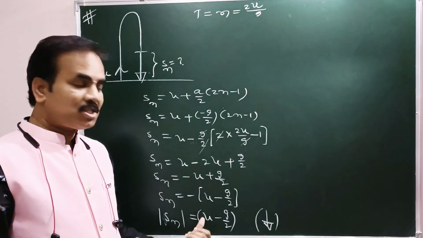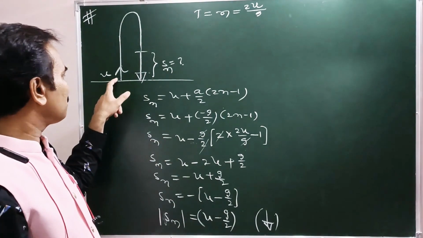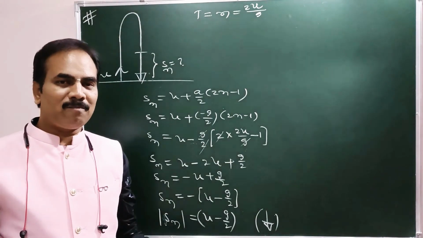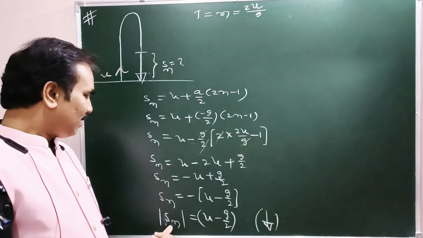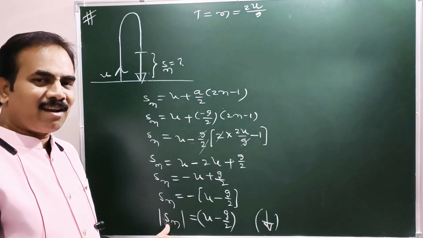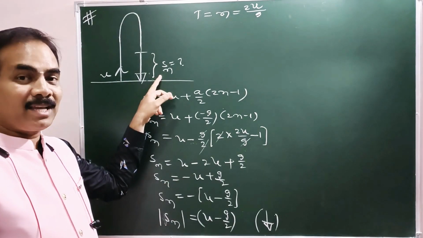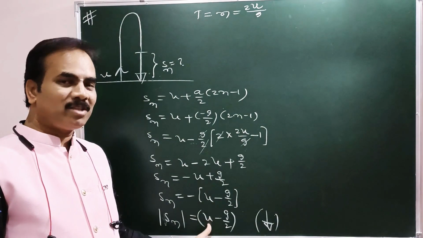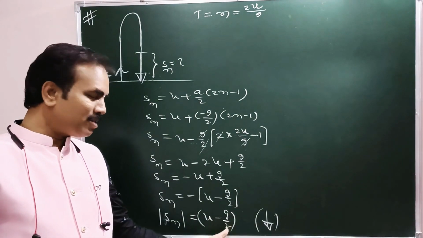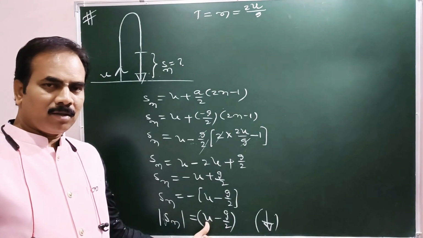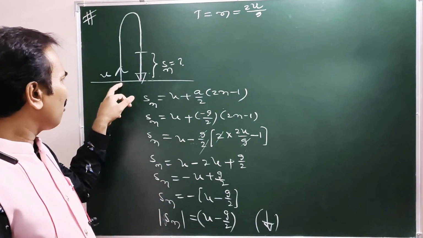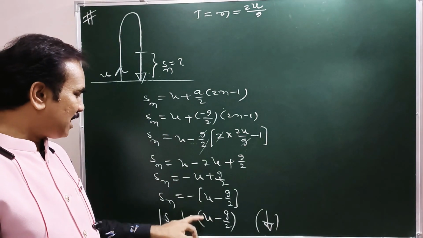Here the velocity of projection is involved. U means velocity of projection. In the previous case, the velocity of projection is not involved, meaning independent. But here, the distance covered in the nth second, the last second of entire motion, in case of a body projected vertically upwards, depends upon the velocity of projection. Of course g by 2 is constant, but if the velocity of projection increases, this term increases.